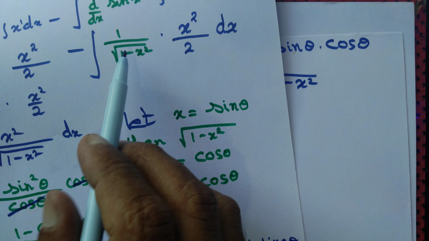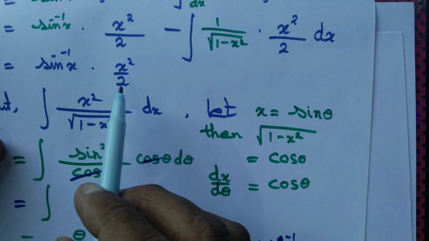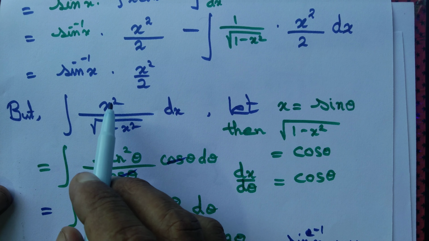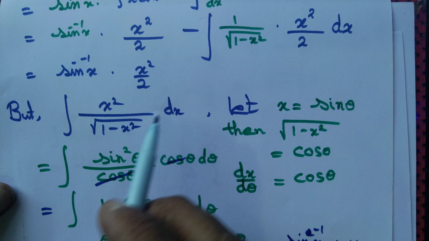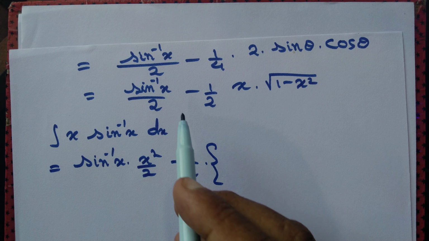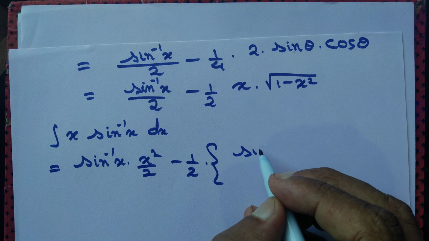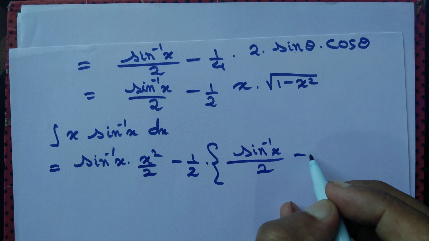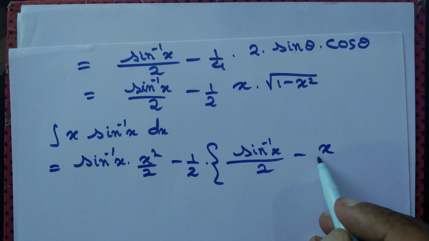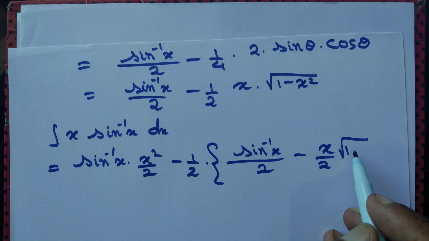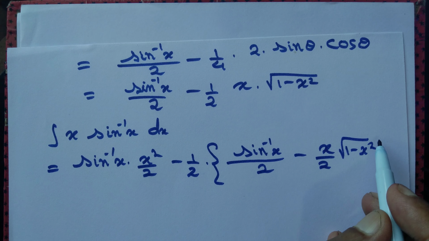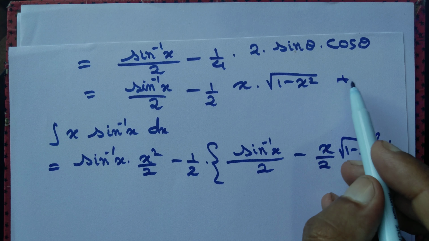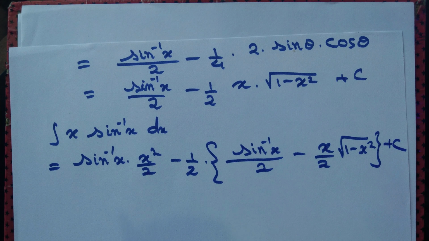And this integral, the integral of x square by root over 1 minus x square dx, turns out to be sine inverse of x by 2 minus x by 2 root over 1 minus x square. Of course, after every integration we get some constant of integration.